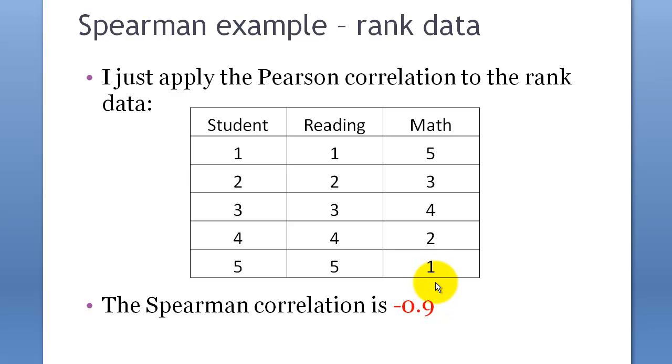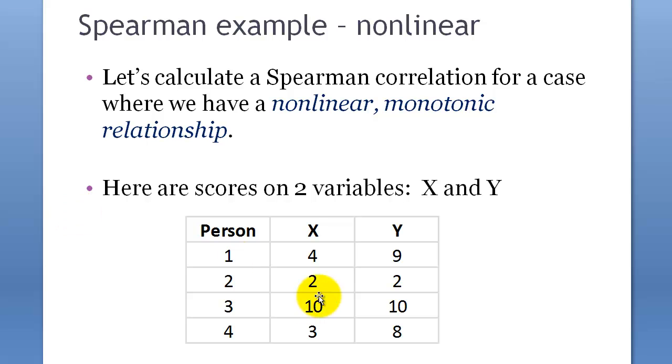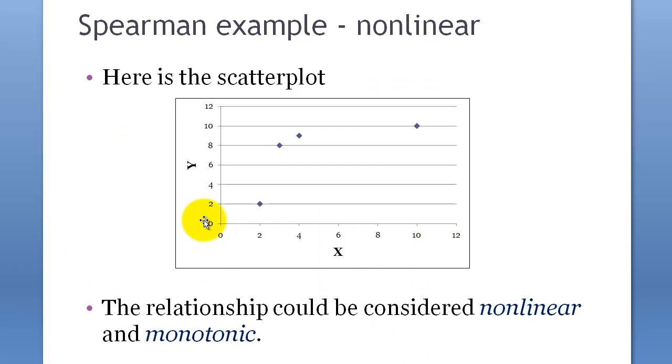Let's go on with Spearman correlation. So, for example, if you have data like this, remember these are scores, and when you see a scatter plot of this, it's really hard to say it's linear, but maybe it's like this, maybe it is one-directional. It's non-linear but one direction, monotonic. If that's the case, you are allowed to do this.